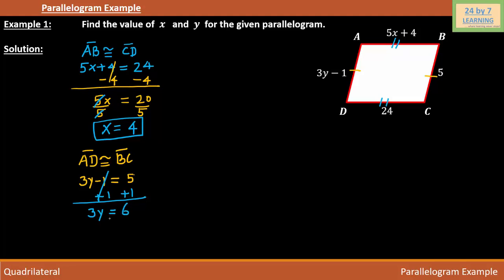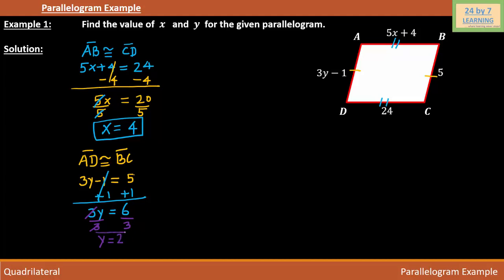We need to simplify further and find the value of y, and the only way is to get rid of 3 by dividing both sides by 3. So I'm going to divide both sides by 3. The 3 cancels out and I have y left on the left hand side. So y is equal to 6 over 3, which is 2.